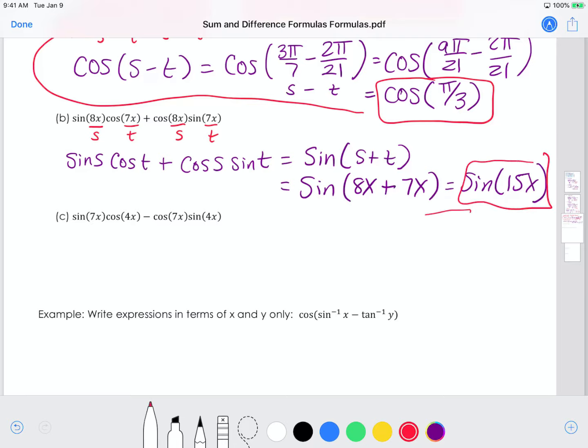So this is equivalent to sine 8x cosine 7x plus cosine 8x sine 7x.